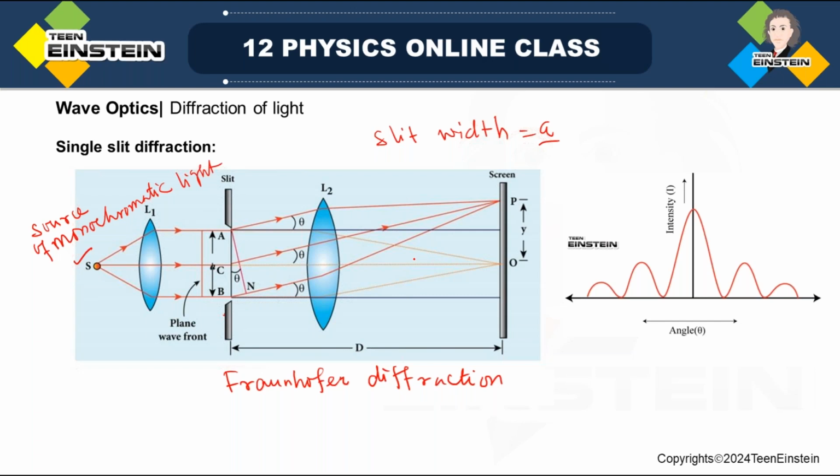And how does the diffraction pattern look? It is shown here. This is the diffraction pattern, kind of like an interference pattern, but look, the intensity varies in this case. I'll tell you why. First of all, the central bright region is called the central bright fringe.